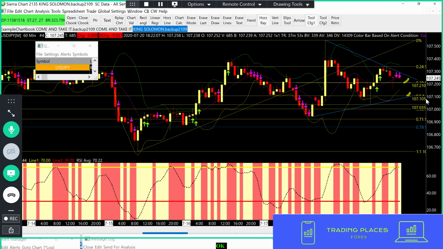That right there is about 15 pips. That's a very, very good trade. If it goes there, I'll look to get out of it here at 107.035. Now you're looking at almost 20 pips, about 18 pips or so. So that is how you figure out your entrance and your exit.